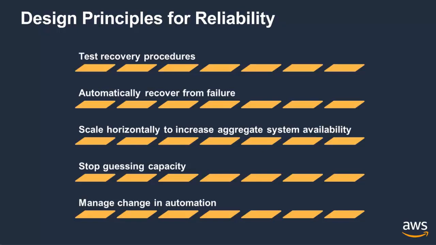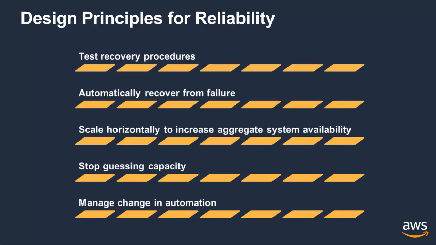The next two are tied to the principle that I gave at the beginning, which is to stop guessing capacity. You can elastically expand your capacity, and more importantly, you can contract it when you no longer have the requests, so that you can not only minimize cost, but effectively manage your capacity.